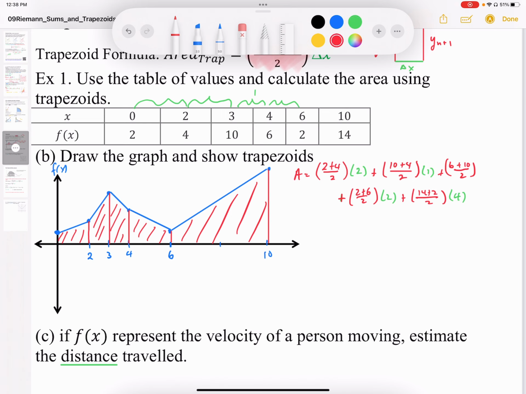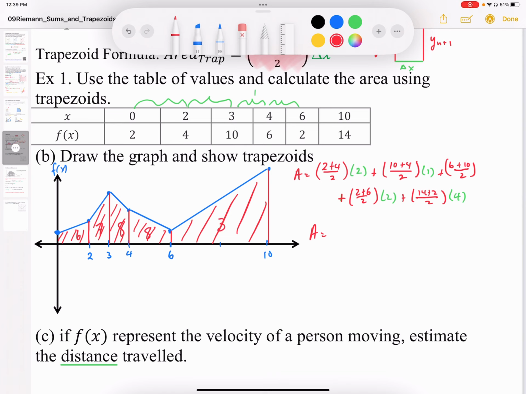So these individual areas look like this. This individual area looks like it's 6, 7, looks like this one is 8. The next one also looks like it's 8, and 16 divided by 2 is 8 times 4.